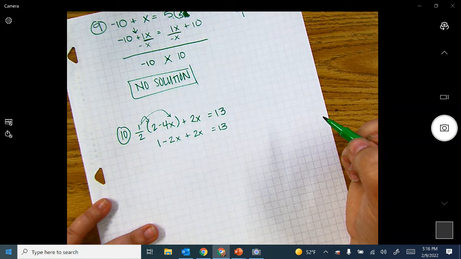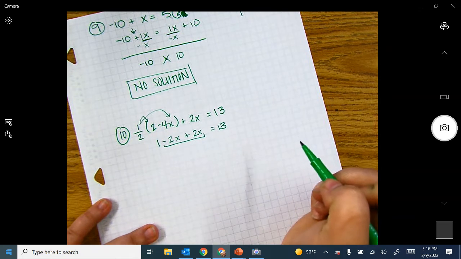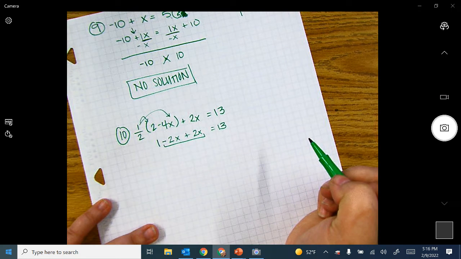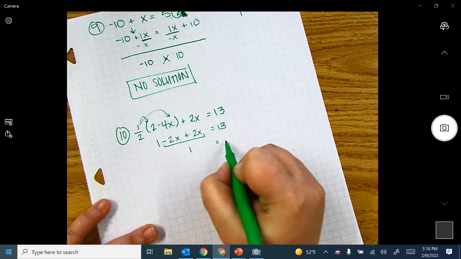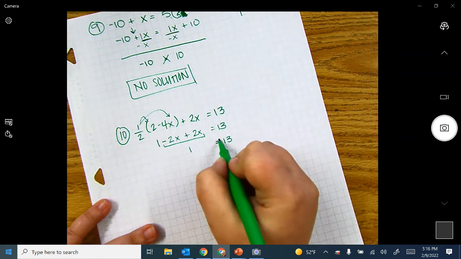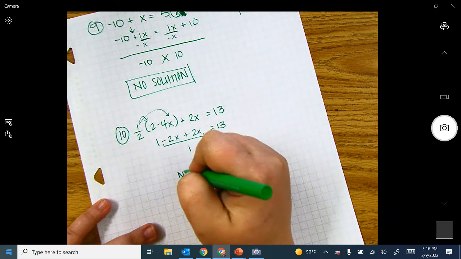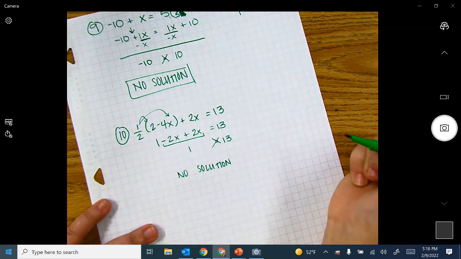I think they messed up because, okay, so here negative 2x plus 2x means that those are going to cancel out, right? Which means that I just have 1 is equal to 13. And again, that's never going to be the case, which means that this one is also no solution.